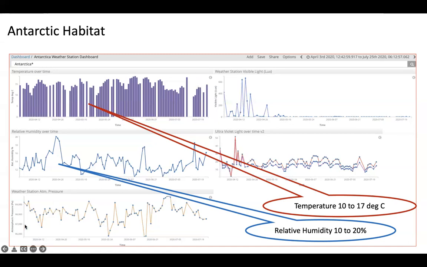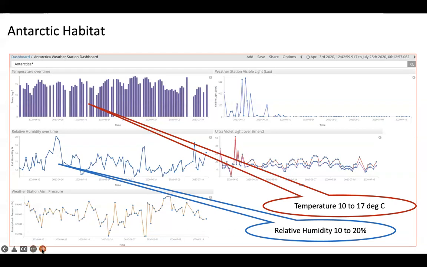And then relative humidity, unbelievably dry, 10 to 20%. They actually refer to Antarctica as an ice desert because it's so dry.